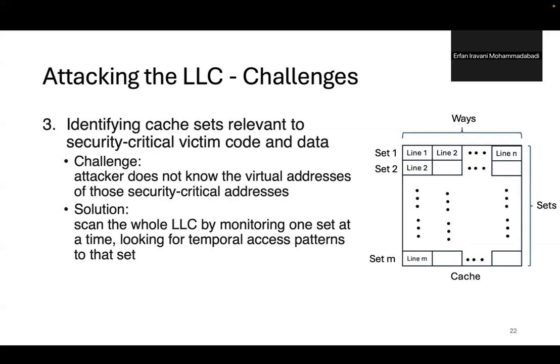The attacker cannot know the virtual addresses, so the solution here is to monitor each set of the LLC individually and look for temporal access patterns that are like what we expect to see from the victim doing a security-sensitive operation.